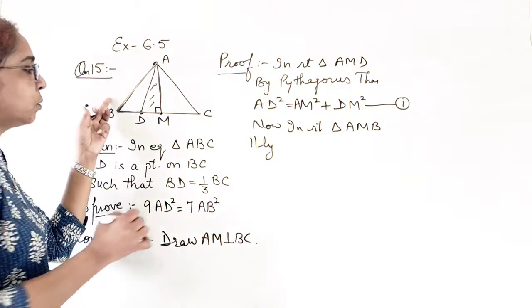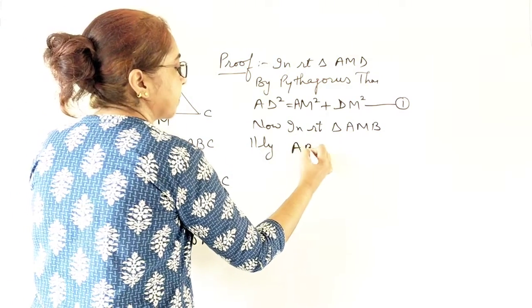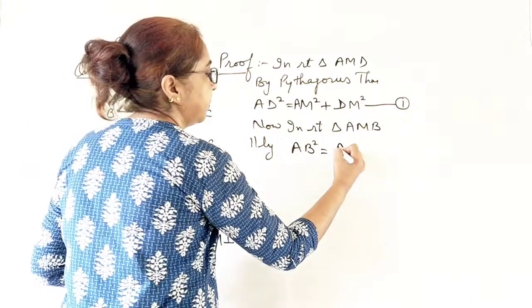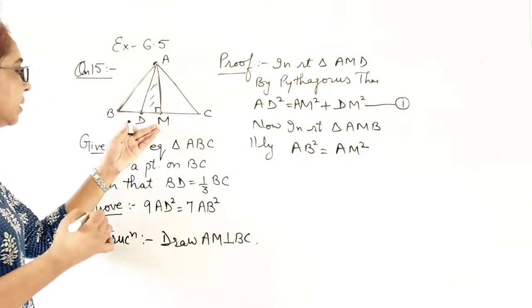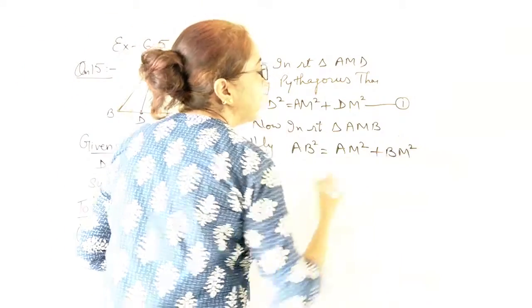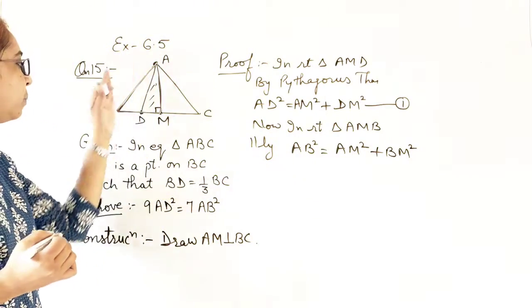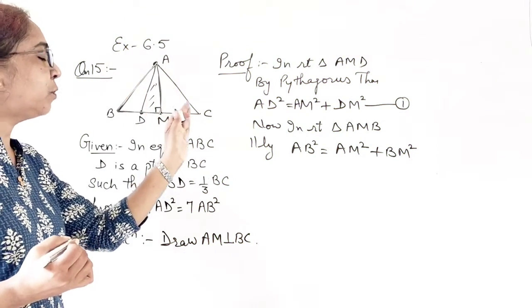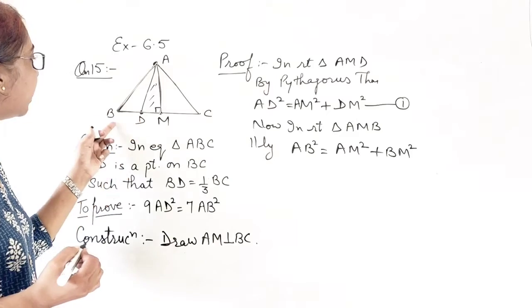What we get? AB square is equal to AM square plus BM square. Right? So we get it from the Pythagoras theorem again.